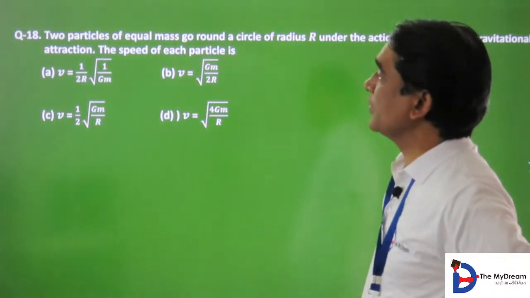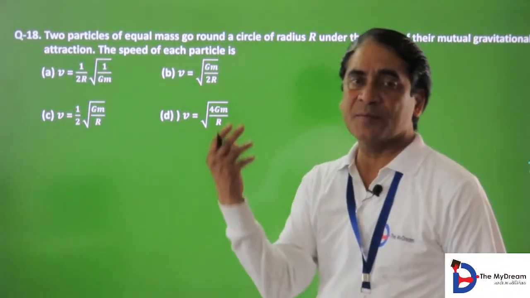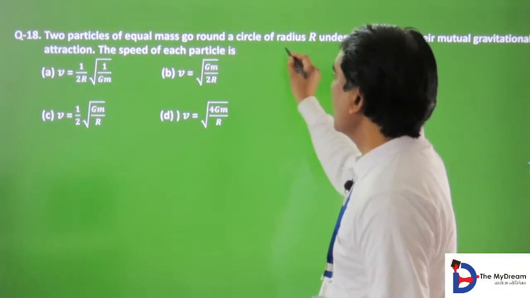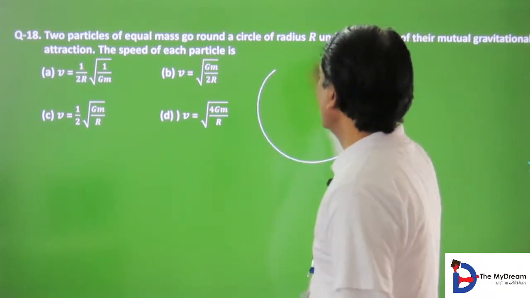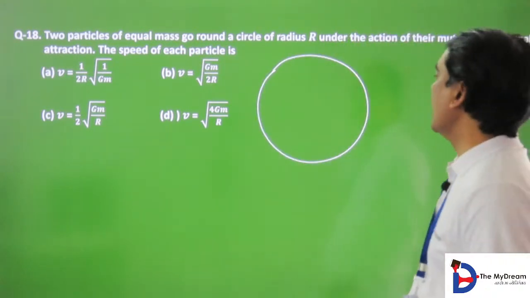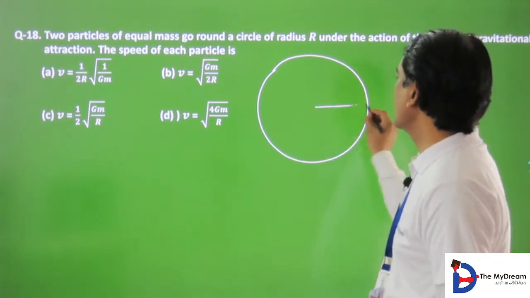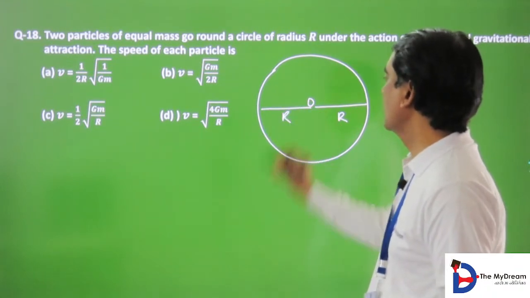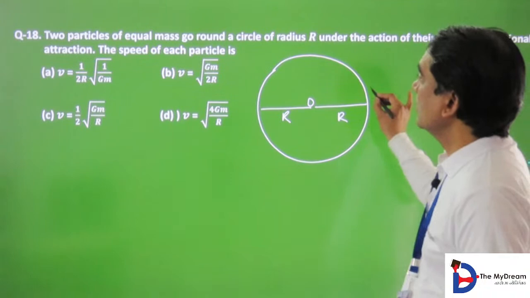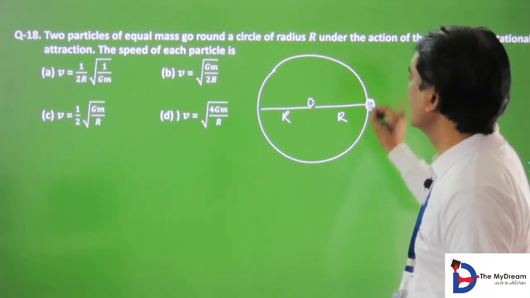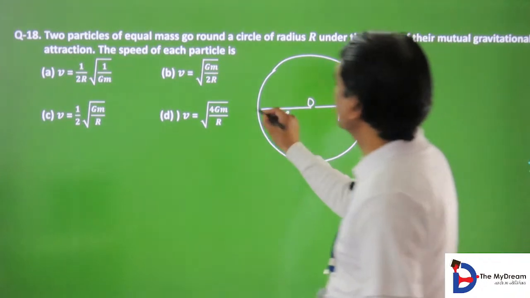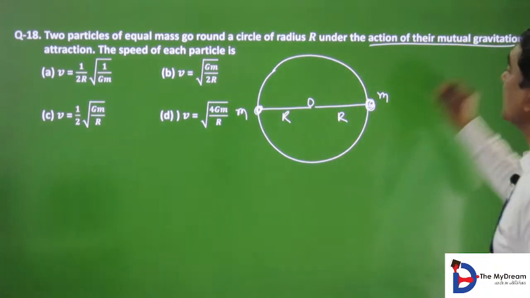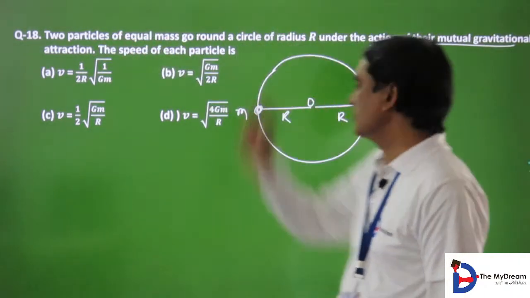Two particles of equal masses go around a circle of radius capital R. This is capital R. Equal masses, this is small m, under the action of their mutual gravitational force of attraction.